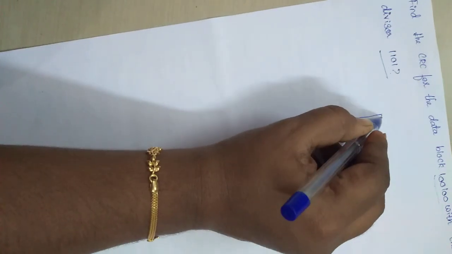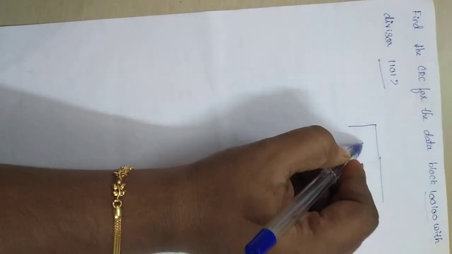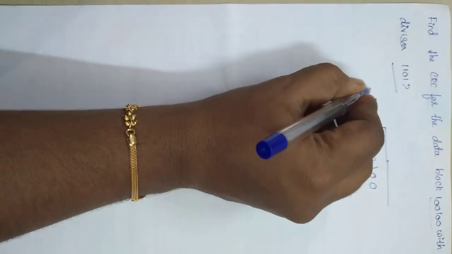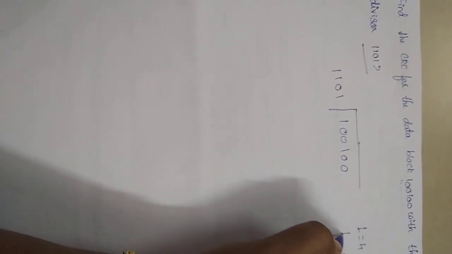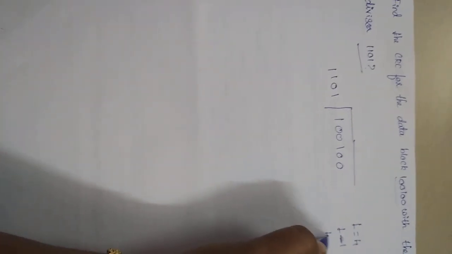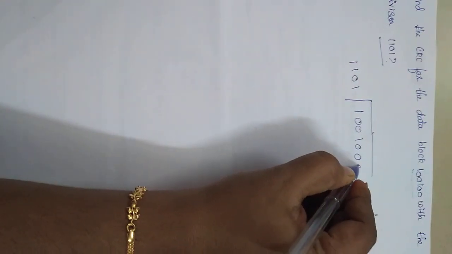The length of the divisor is 4. So how many bits are we going to append? L minus 1 bits. That means 4 minus 1 equals 3 bits, 0 0 0, are appended to the data block.